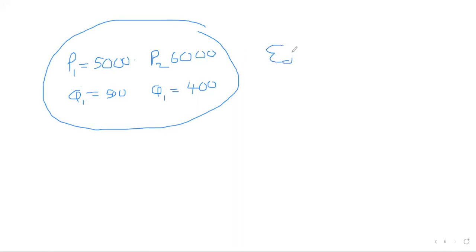So elasticity of demand is simply the change in quantity over the original quantity, divided by the change in price over the original price. The change is simply the difference between the second and the first, over the first.